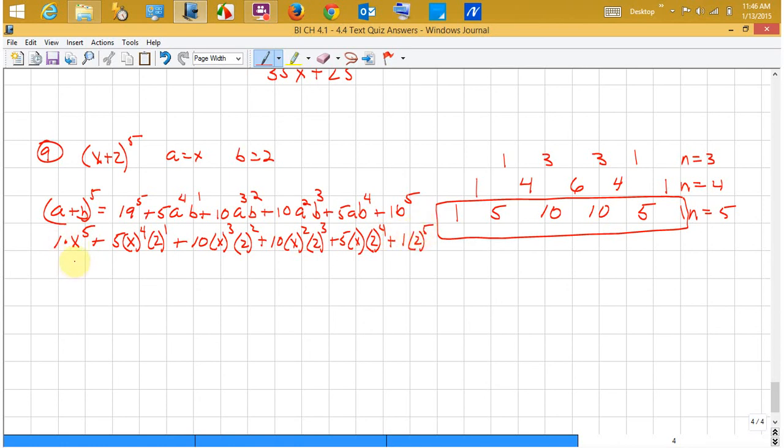Okay, so for my first term, I'm going to have x to the 5th. The next term I have 2 to the 1st, that's 2 times 5, that's 10. Next term, I have 2 squared. That's 4 times 10. That would be plus 40x cubed. The next term, I have 2 cubed is 8 times 10. That's 80. The next term, I have 2 to the 4th. That's 16. 16 times 5 is 90.